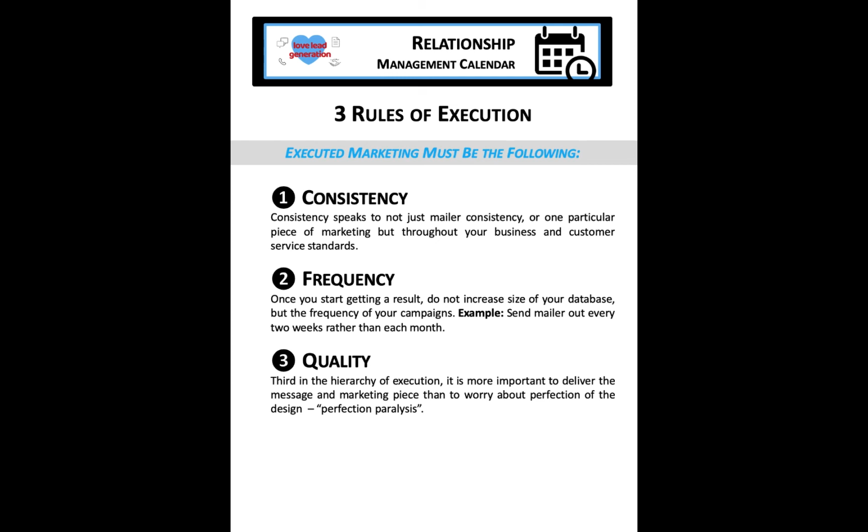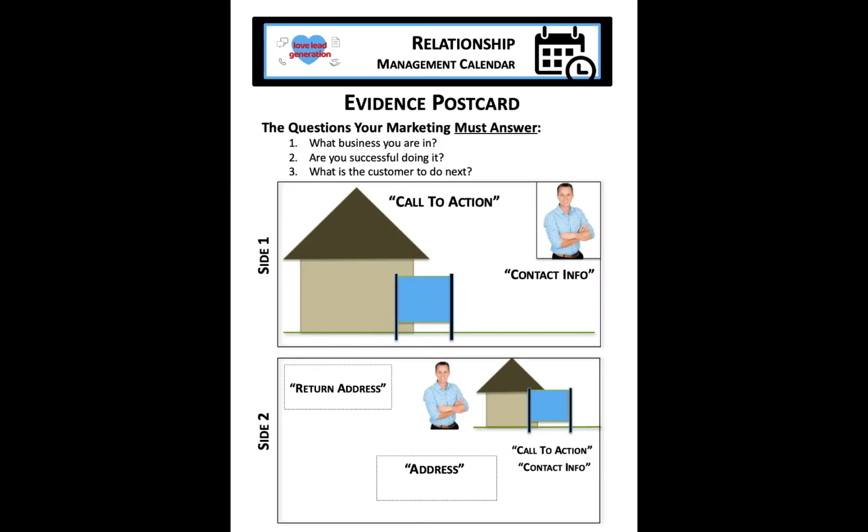My mentor used to mail the same yellow postcard every single month to his database. To this day, 30 years later, he is still mailing a similar postcard. And he is a top producer in the industry because he understands consistency and frequency trump quality every time when it comes to marketing.